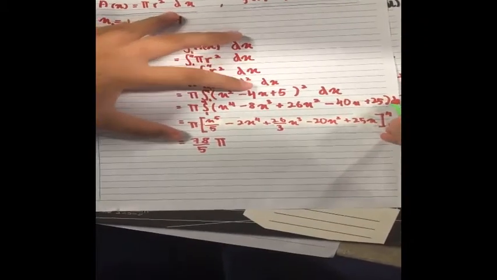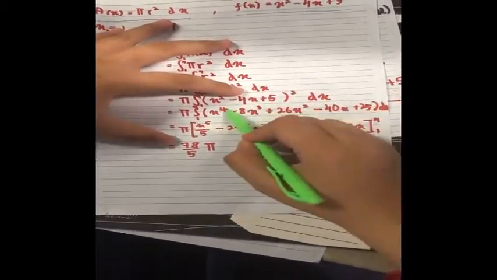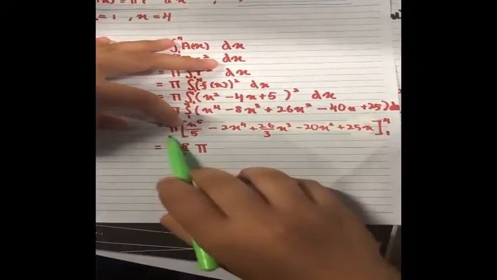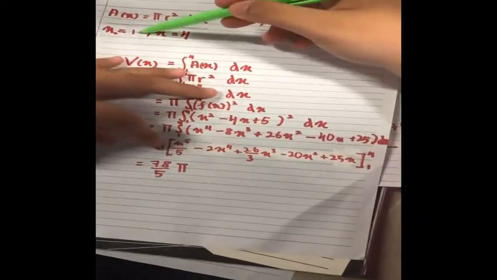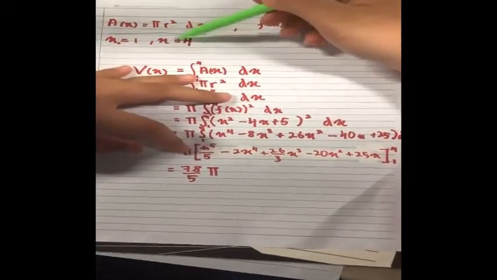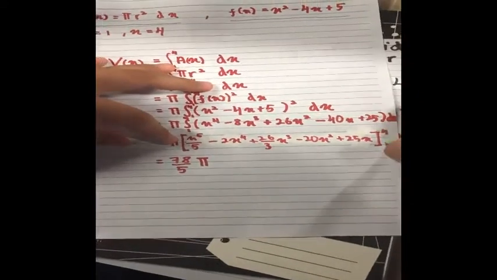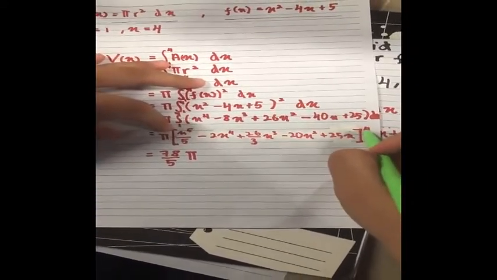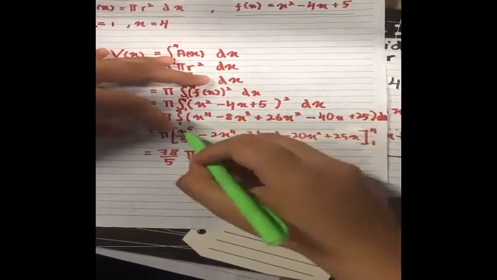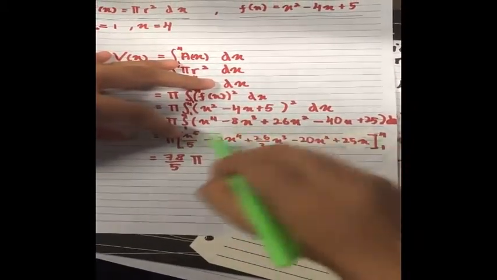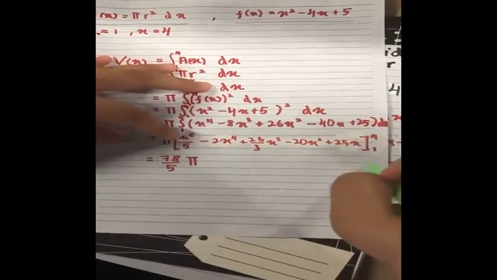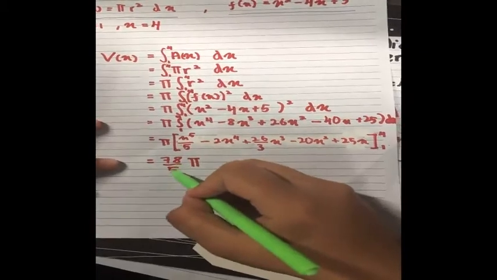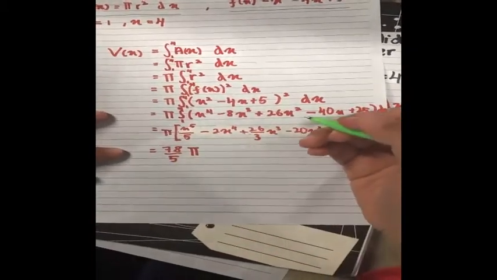So we integrate this equation, and since we already have the values of x0 and x, we put 1 and 4 at the back and substitute each value, and the final answer we get is 78 over 5 pi.